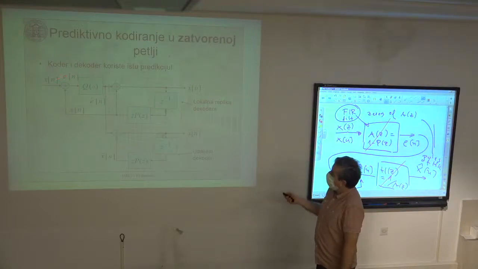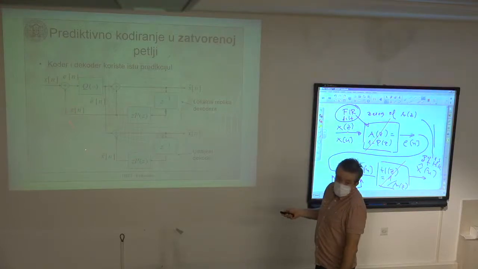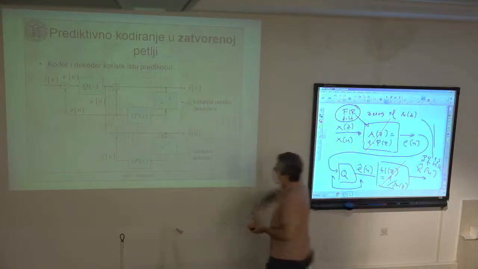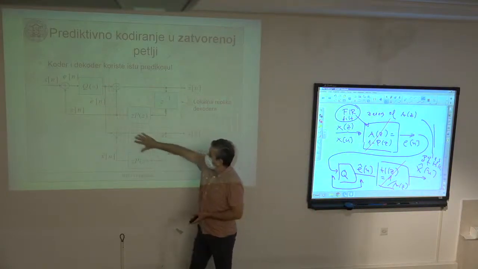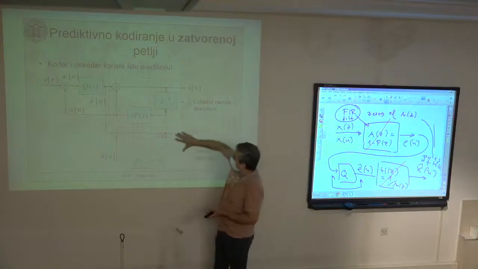So this here is only used for one reason, and that is to ensure that this prediction is the same on both sides, on the transmitting side and the receiving side. So this here is this remote decoder.